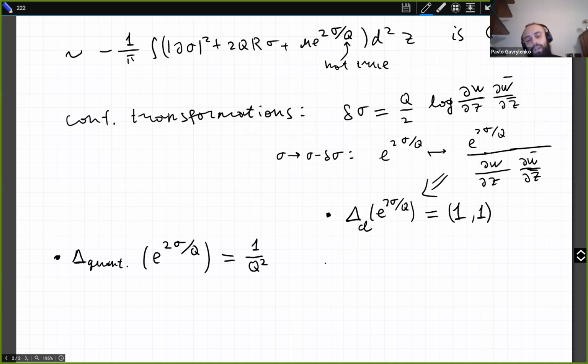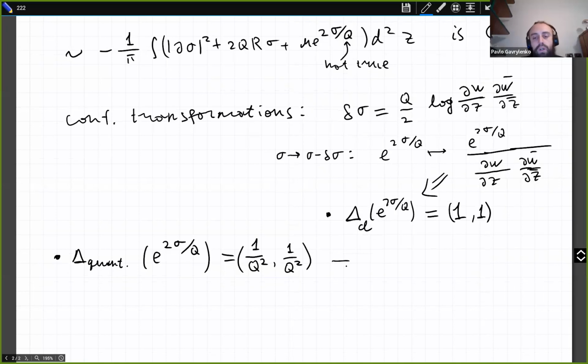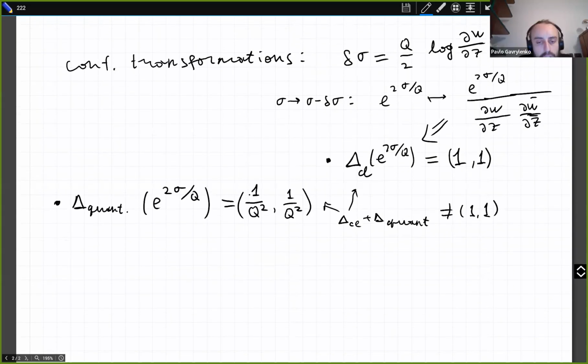And if you combine these two dimensions, then we get something like 1 over q squared. So a combination of this is wrong. Actually, no, it is with a minus sign here.